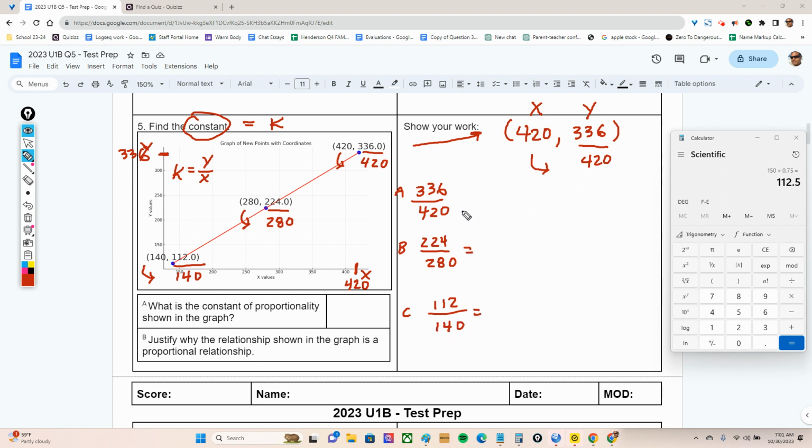All right. And we have to assume all of those are the same. So we got 336 divided by 420 equals 0.8. 0.8 is the constant.